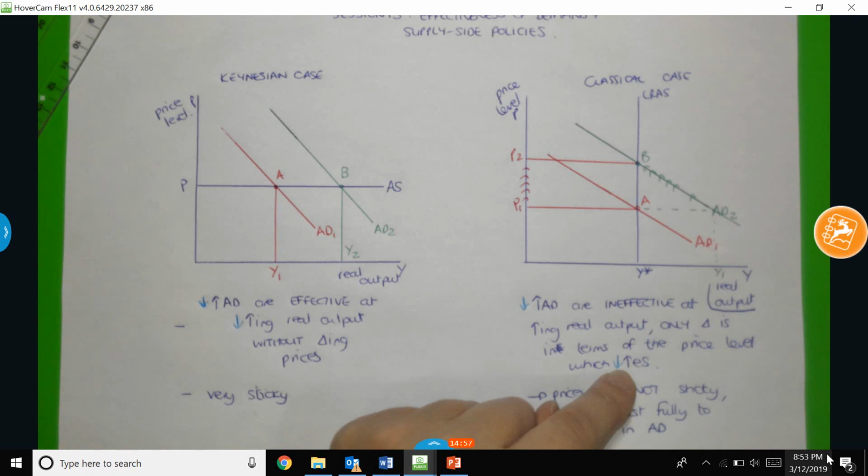So in an economy in the long run, if inflation is too high, a contractionary fiscal or monetary policy will be a good way to reduce inflationary pressure.